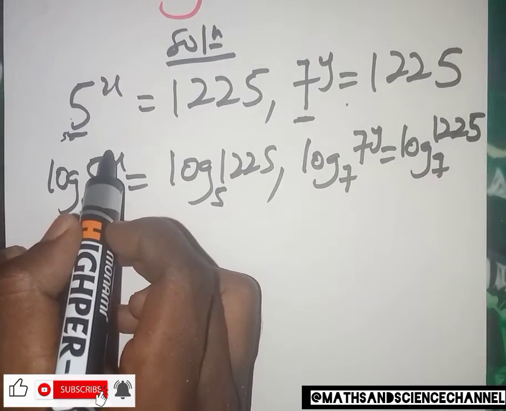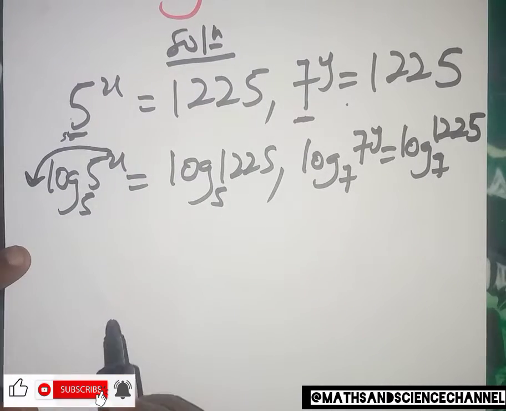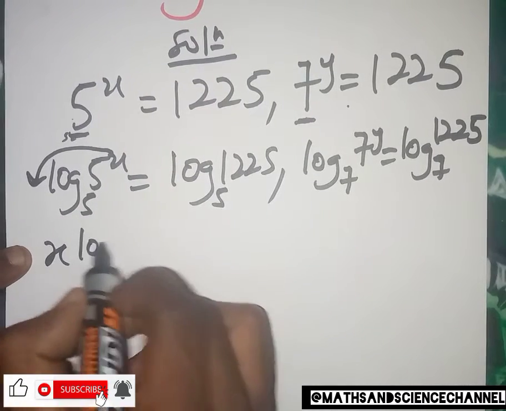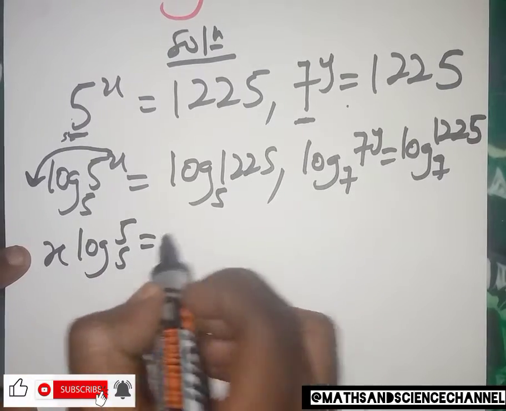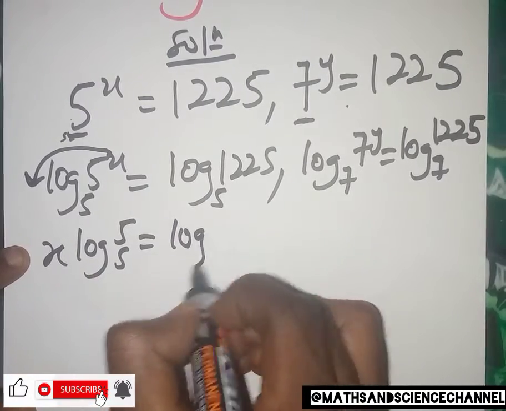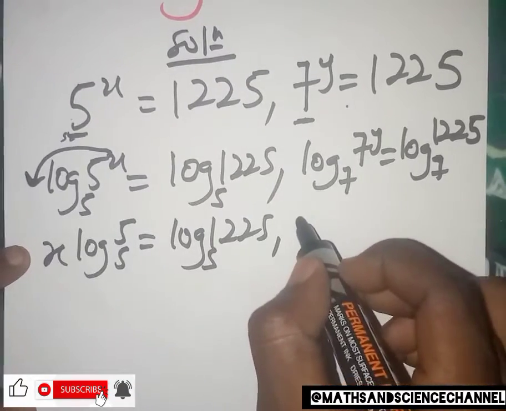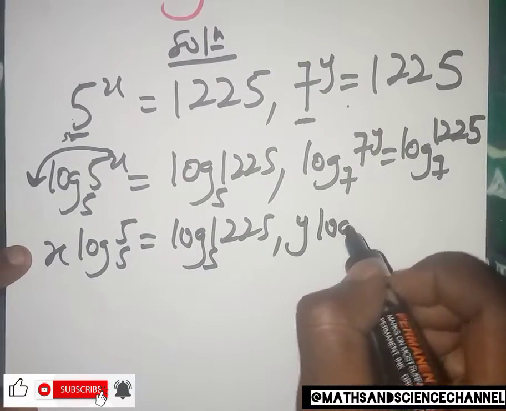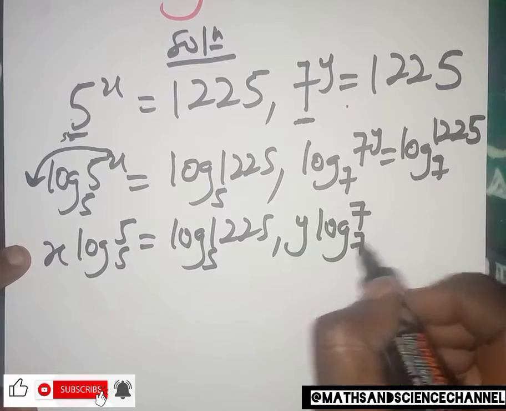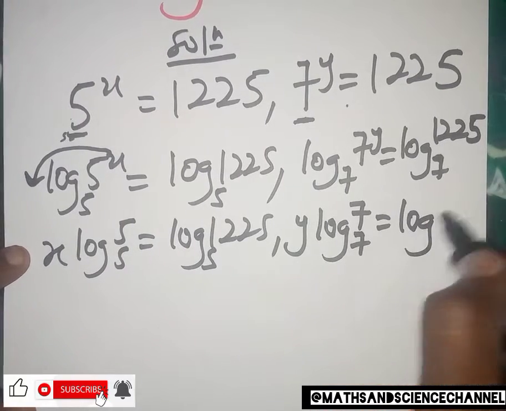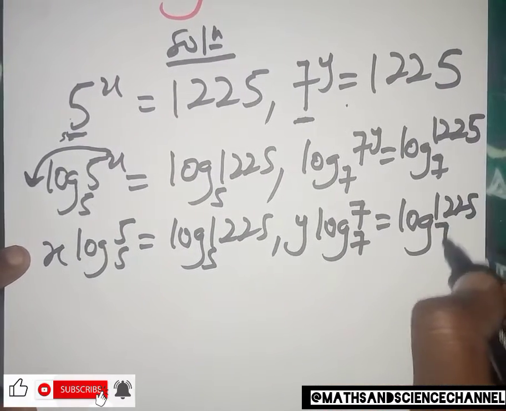Right, now how do we solve this? We can solve this by just bringing the x in front, so it becomes x log 5 base 5 being equal to the log of 1225 base 5. We also have y log 7 base 7 being equal to the log 1225 base 7.